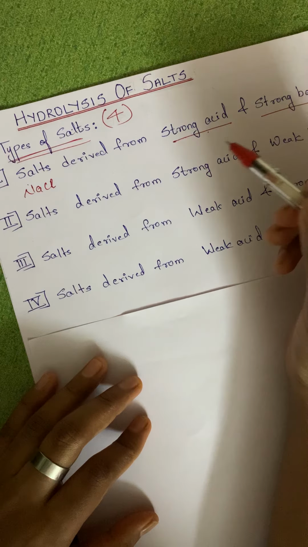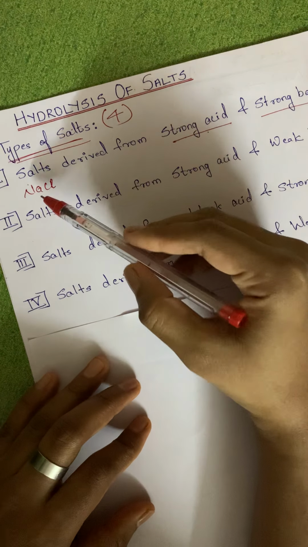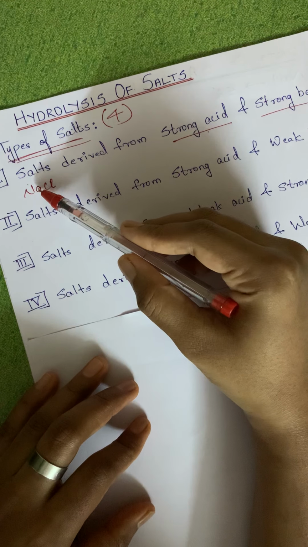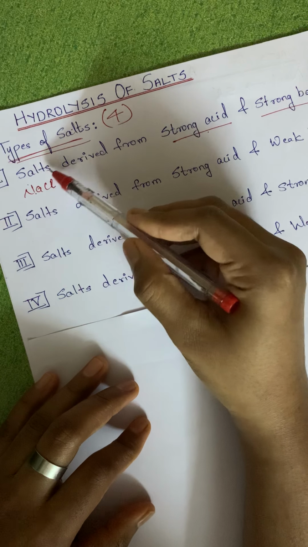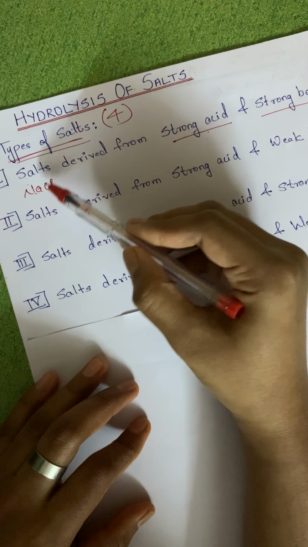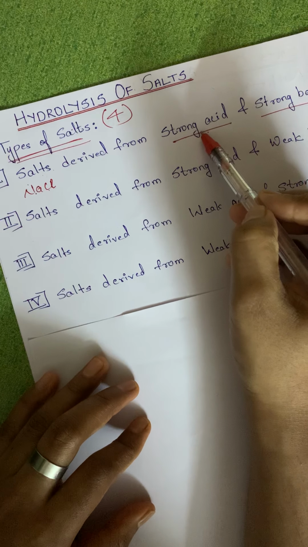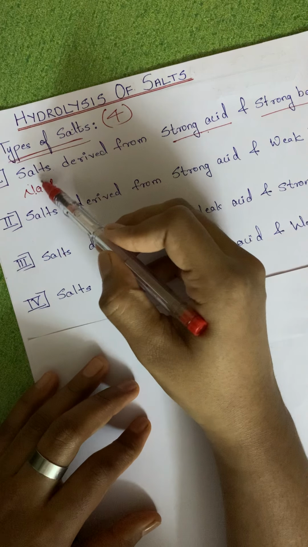Why do we say that? When NaCl is put in water, it will give me NaOH and HCl.